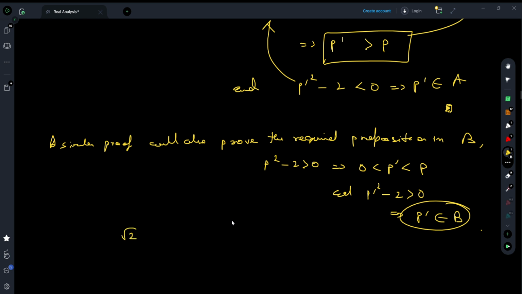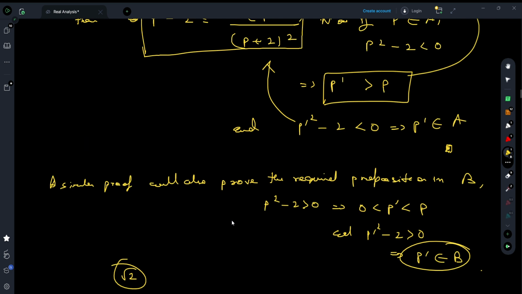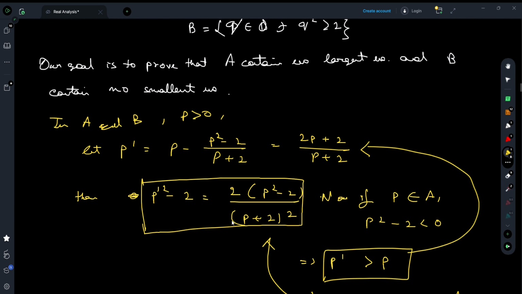So this actually shows that we never actually reach the number root 2 in either of the sets.